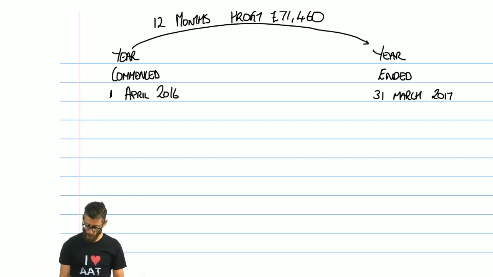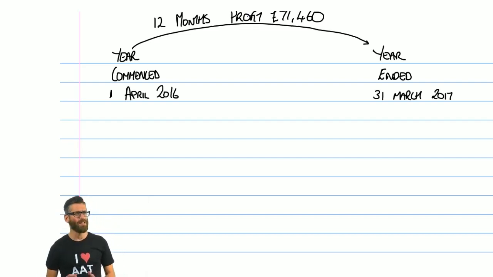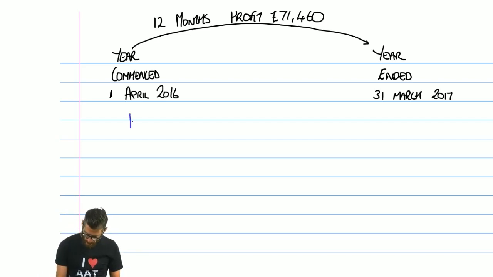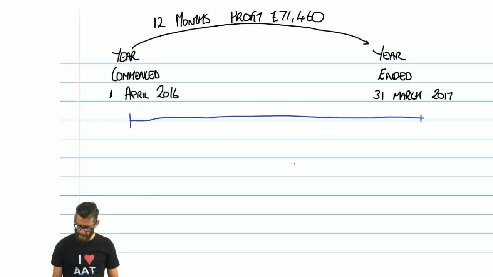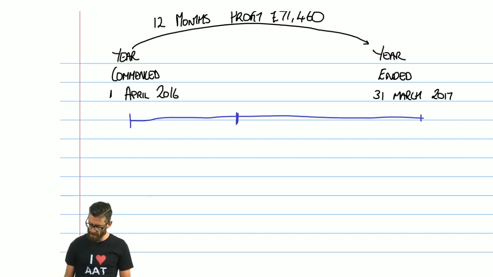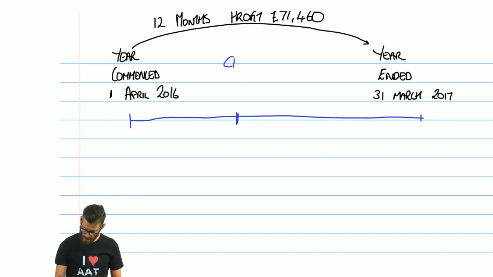Now, let's do this in blue, and forgive my inability to do a straight line. We've got a break, and the break occurred around about here. This is not to scale. The change occurred on the 1st of August 2016.